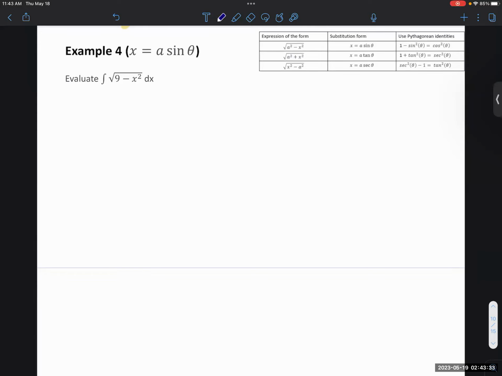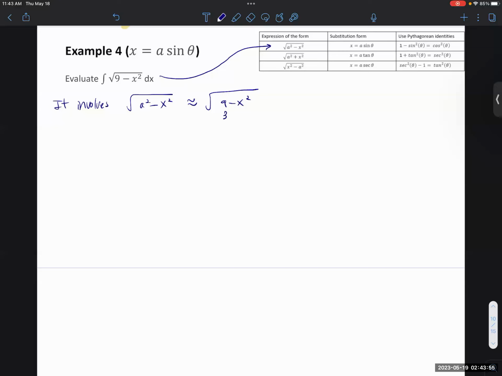Okay, I love this question. It's exactly matching with the first one. So we know this involves a second minus x second, corresponding to 9 minus x second. I don't see any coefficient in front of the x, so this is perfect.